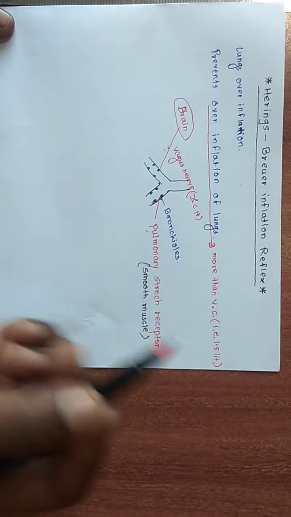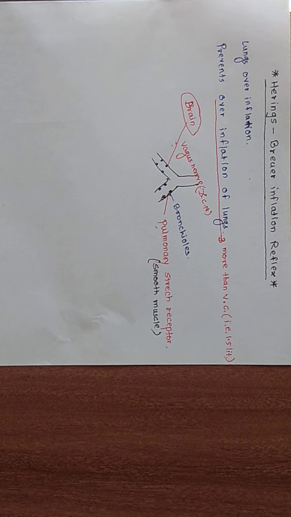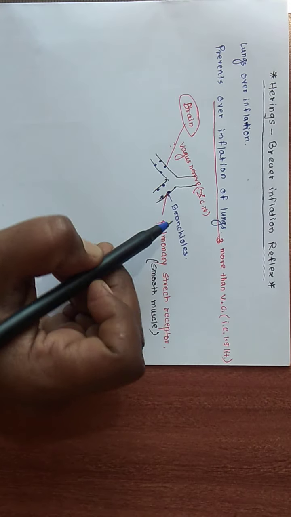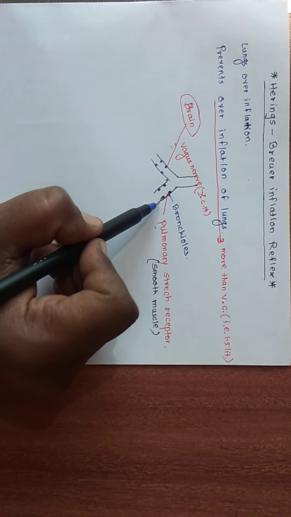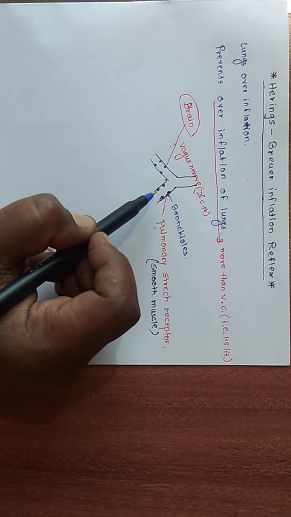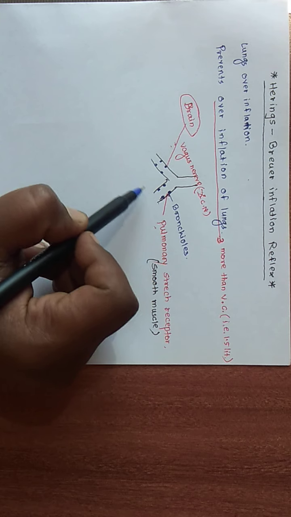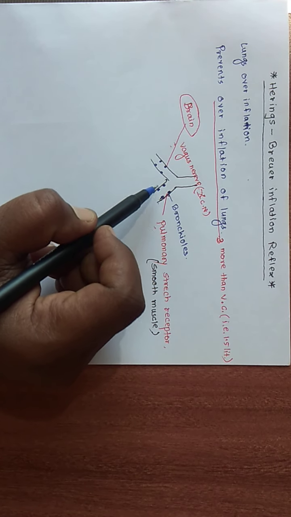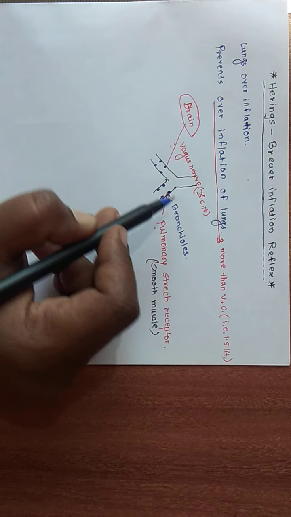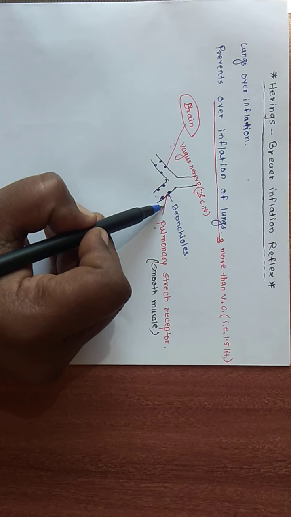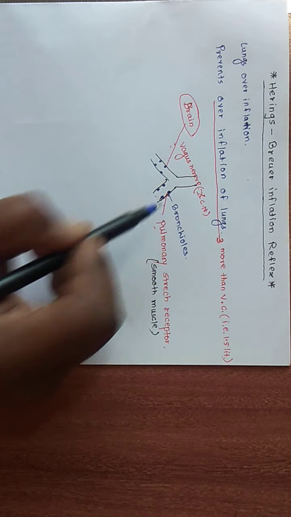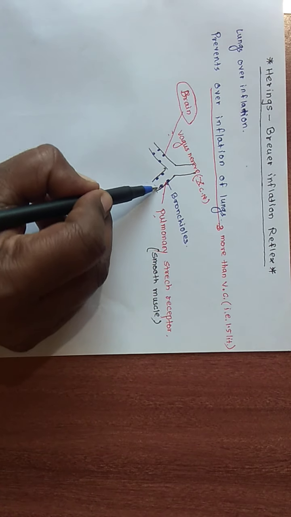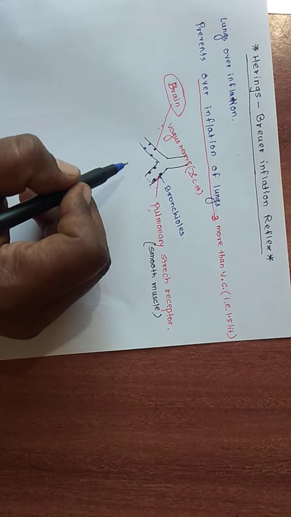Okay, so what happens during this? When the lungs get filled with air, the air passages, especially the bronchi and bronchioles, also get inflated. This especially occurs during overinflation. Then and only then the pulmonary stretch receptors get activated.